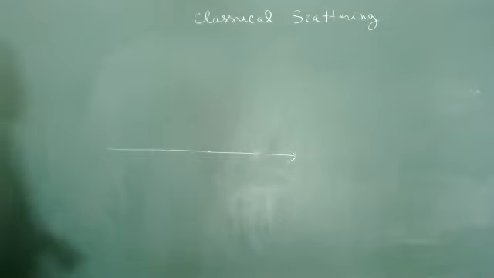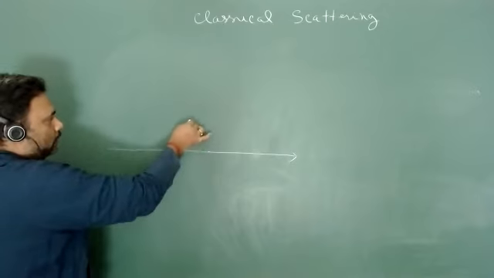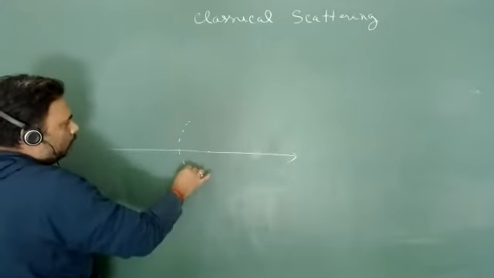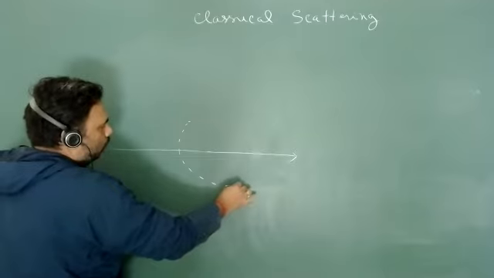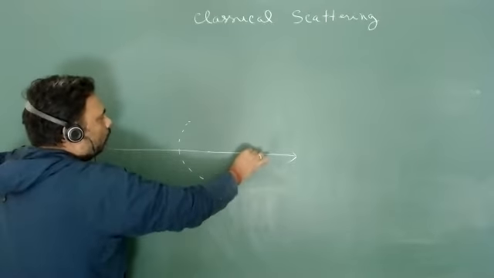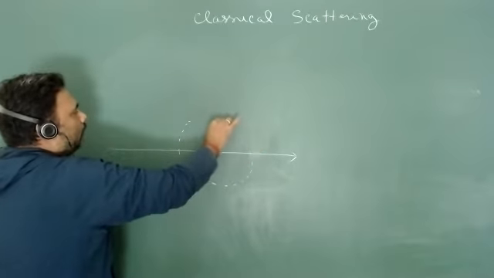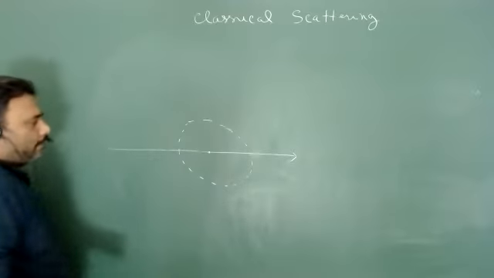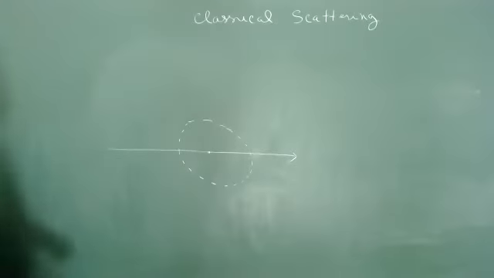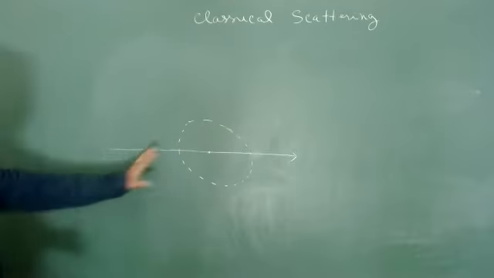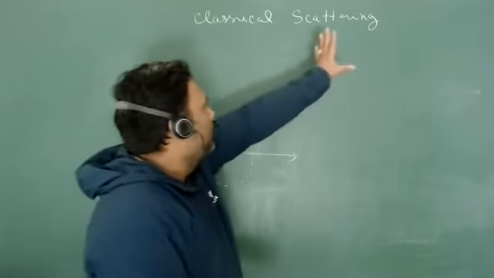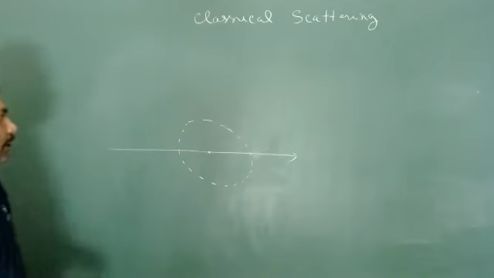Suppose this source has some spherical region. So I can virtually make one sphere where this particular source will act. Outside this region the particle will behave like a free particle, and into this region also it will behave like a free particle.